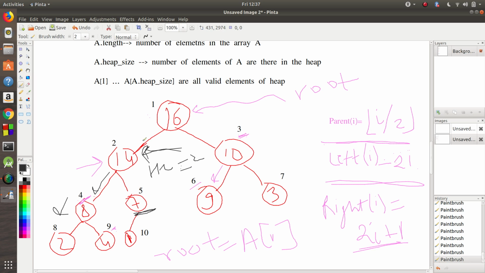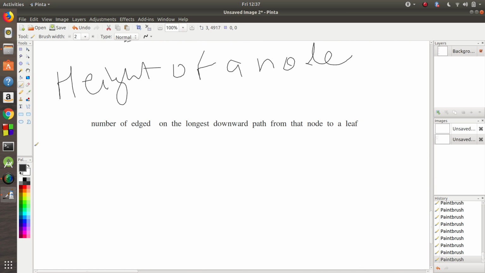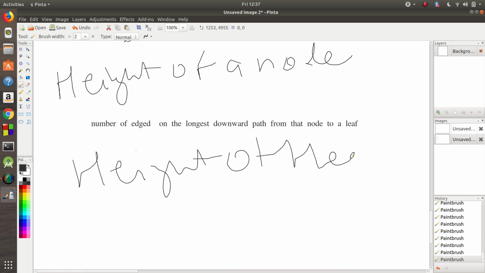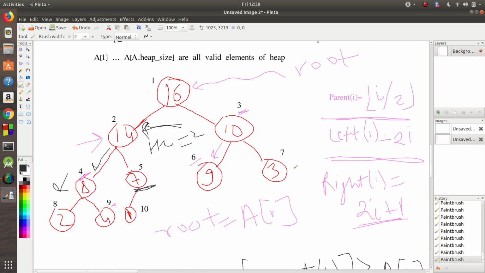Okay, so then there is one thing called height of heap. Okay, so this is the height of the root. For example, in this example, what would be the height of the heap?